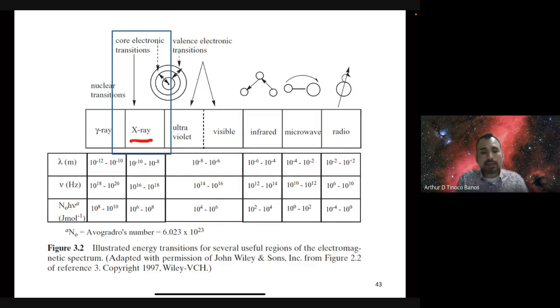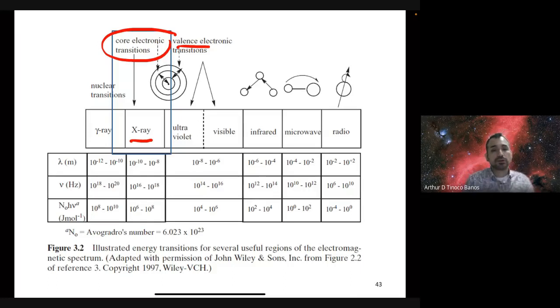So we've talked about electronic transitions, right? For metal complexes, we talked about d to d transitions. We talked about charge transfer transitions. But here for X-ray, what we're looking at is something that's related, but we're focusing on what are known as core electronic transitions, right? As opposed to transitions that can typically be from electrons that are in valence orbitals. All right, so let's focus on that.